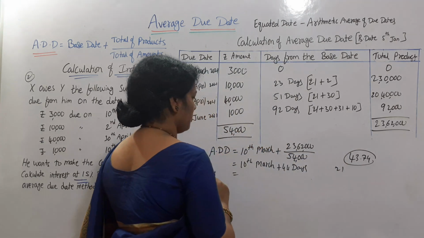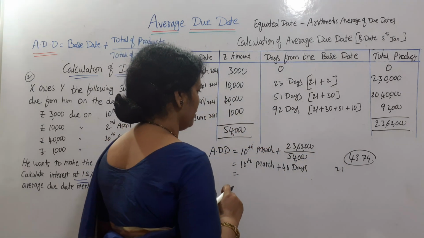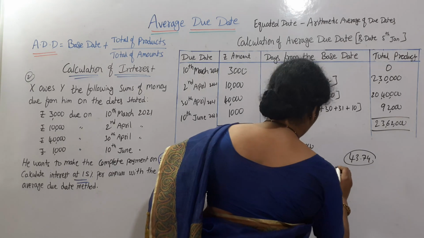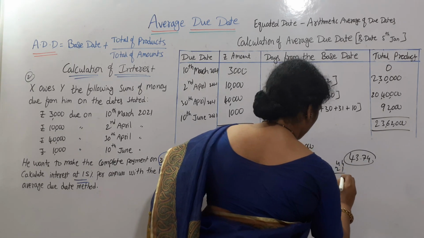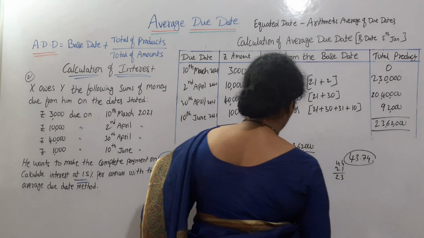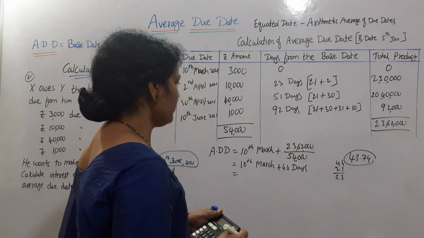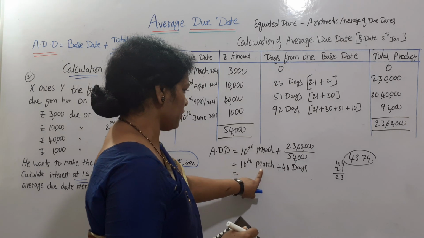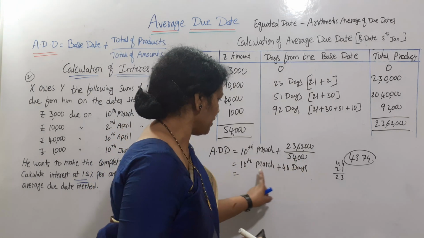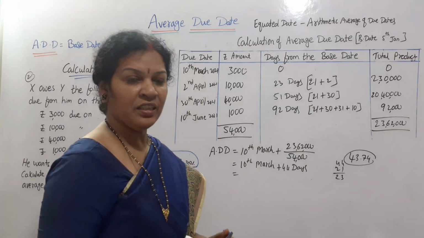So March, 21 days are over. Out of 44, 21 days are over. How many days are left? 23. March, 21 days we have completed, now left over 23. It means April 23 is the date.